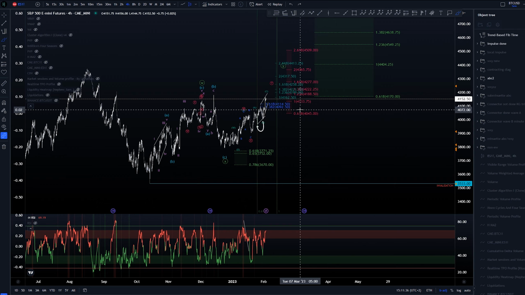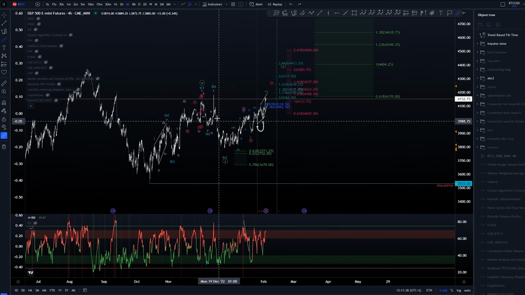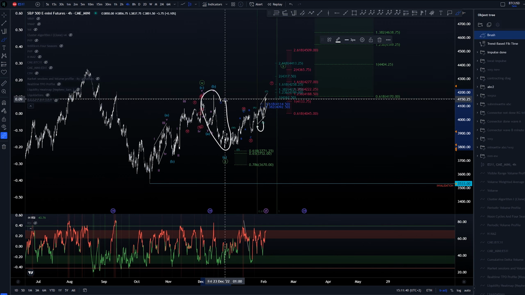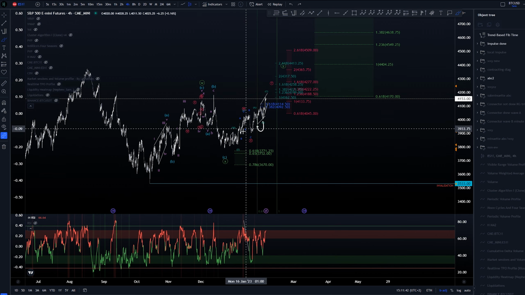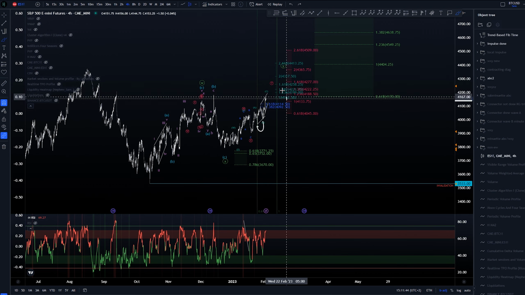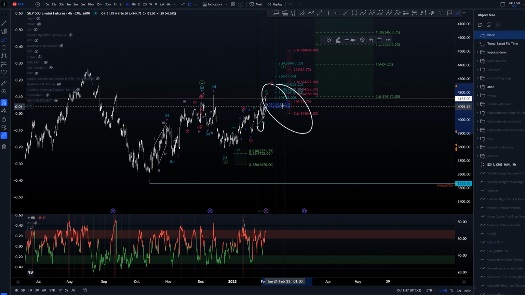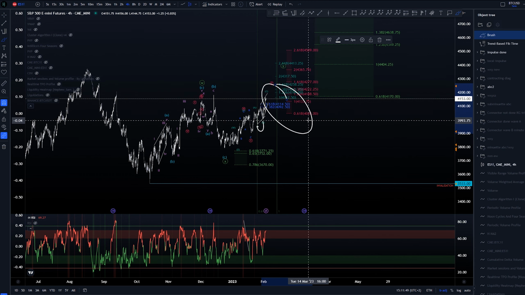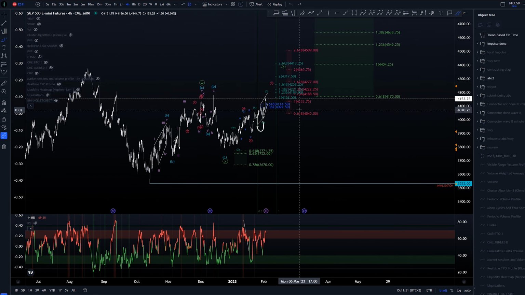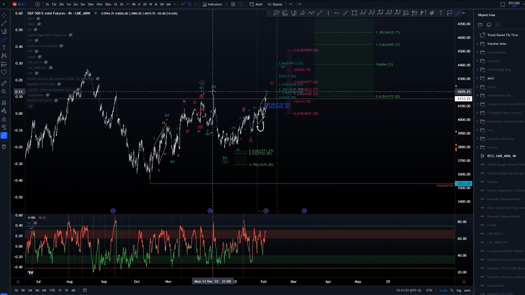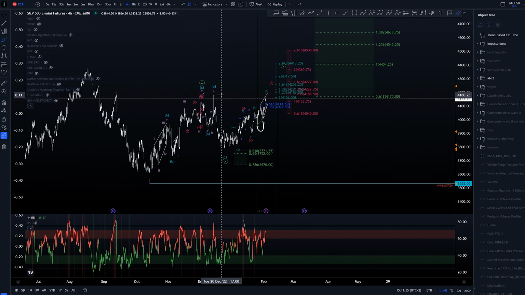We don't want this structure here to be too long, because this wave X was very, very fast. And the longer this potential B wave gets, the worse this whole thing is going to look. Also, we had the highs here, which have yet to be taken out, like we have already in SPX. So that is something that we definitely want to be taken out.